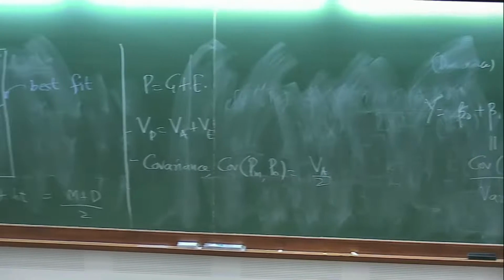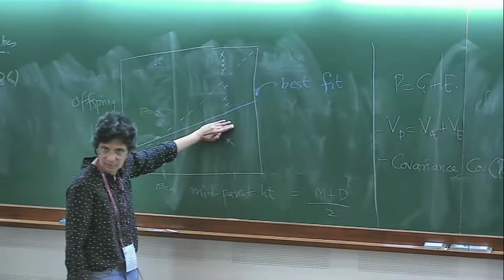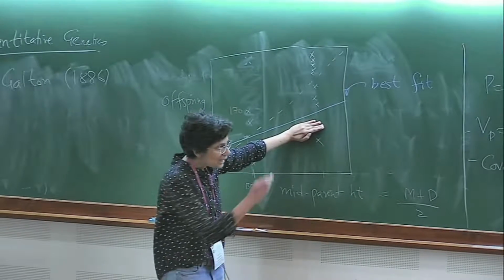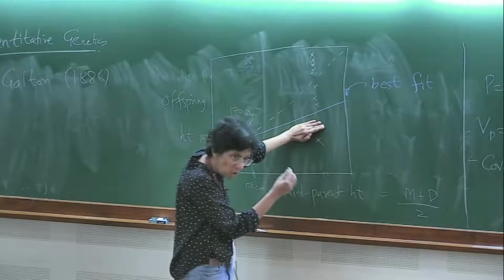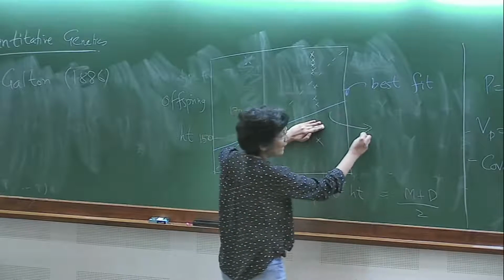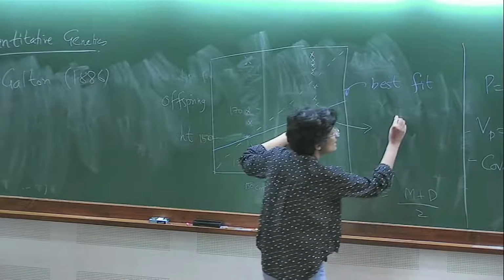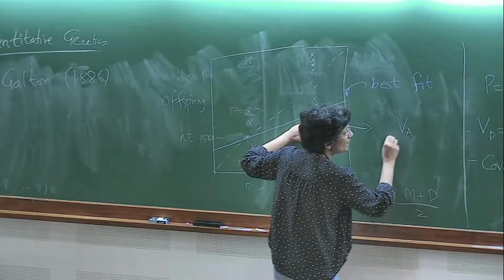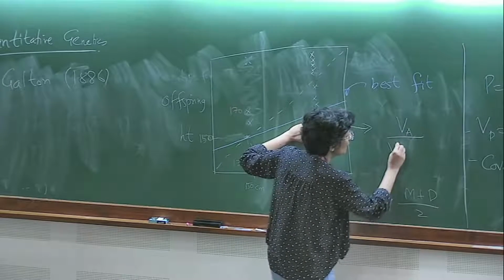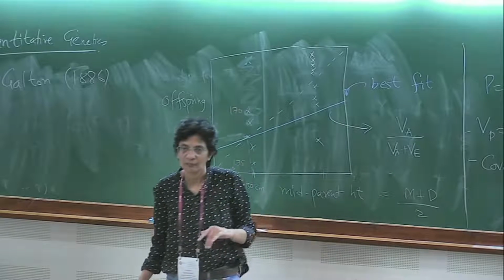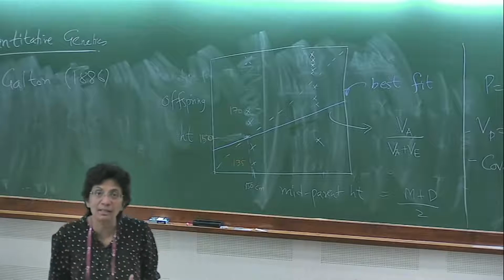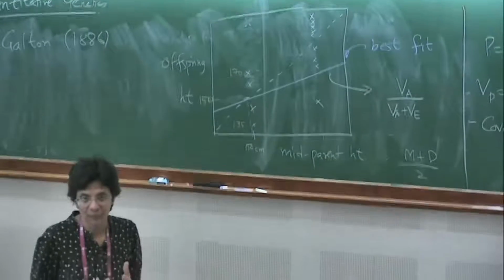It's all nice math and statistics, but if you work it out, this slope has a biological meaning. It is equal to the additive variance divided by VA plus VE. That's the biological meaning of that slope.